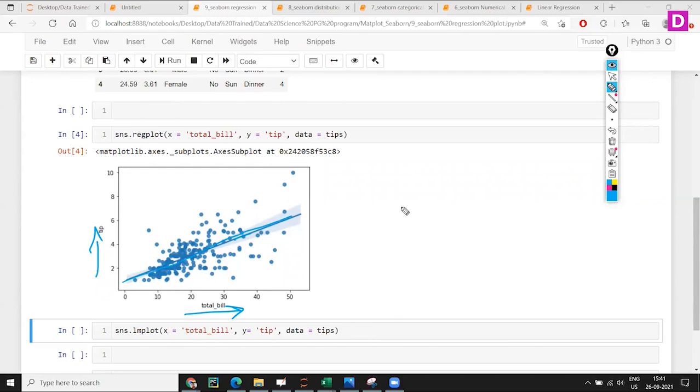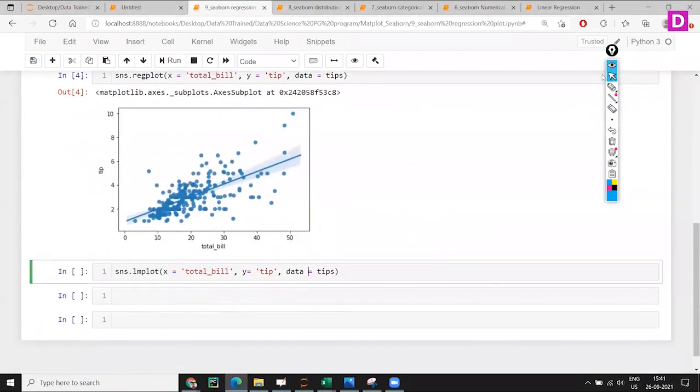So with less risk, we'll be able to interpret the data, or predict any outcome, in this case, tip. We'll talk more about that during machine learning. So let's not waste time here.